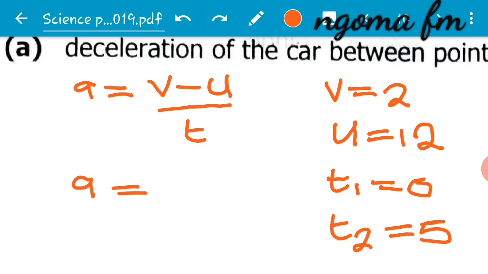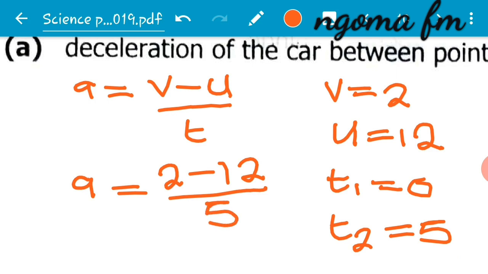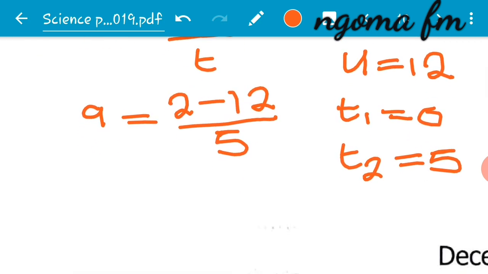So let's substitute those. So we have 2 minus 12 divided by the time, which is 5. So we have 2 minus 12 divided by 5.